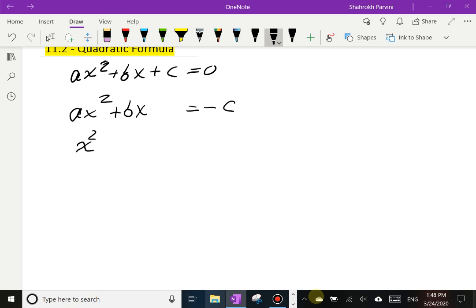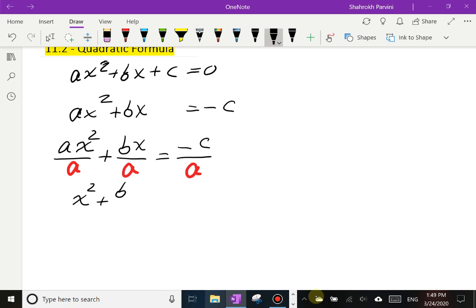When I do, I get ax squared divided by a, plus bx divided by a, equals negative c divided by a. Now I can write this as x squared plus b over a x equals negative c over a.